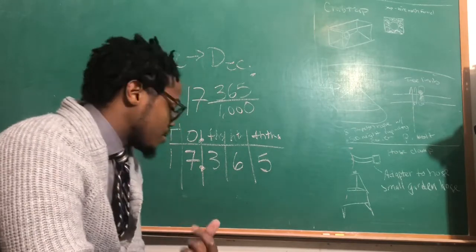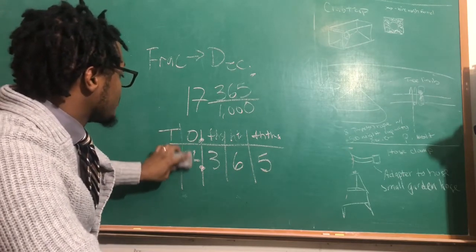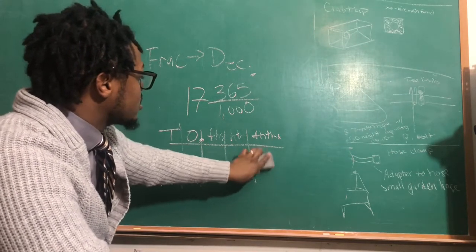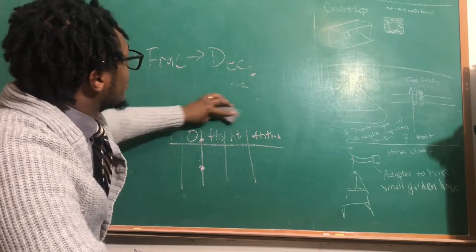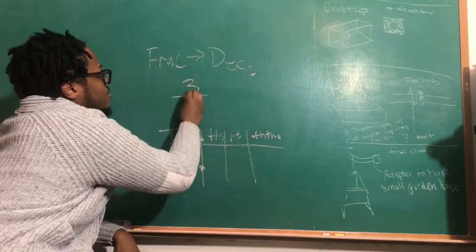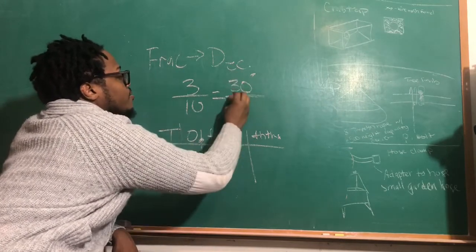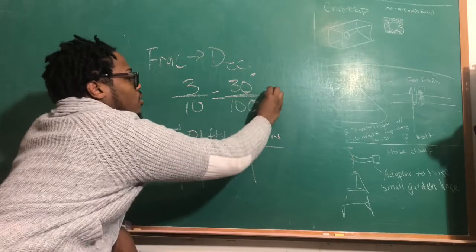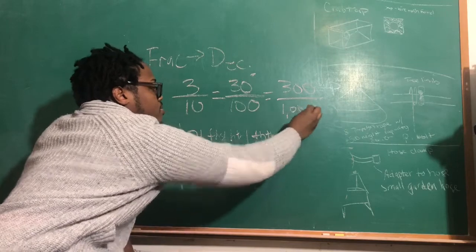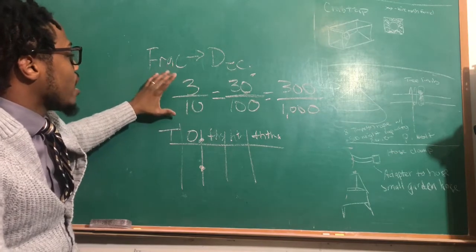It really is no more complicated than that. The only thing is you might see numbers, maybe having to do with money or something like that, that look a little bit different. So let me show you what I mean. If we have 3/10ths, we could say 3/10ths is equal to 30/100ths, and that is also equal to 300 thousandths. Sometimes somebody might ask you to write 3/10ths.